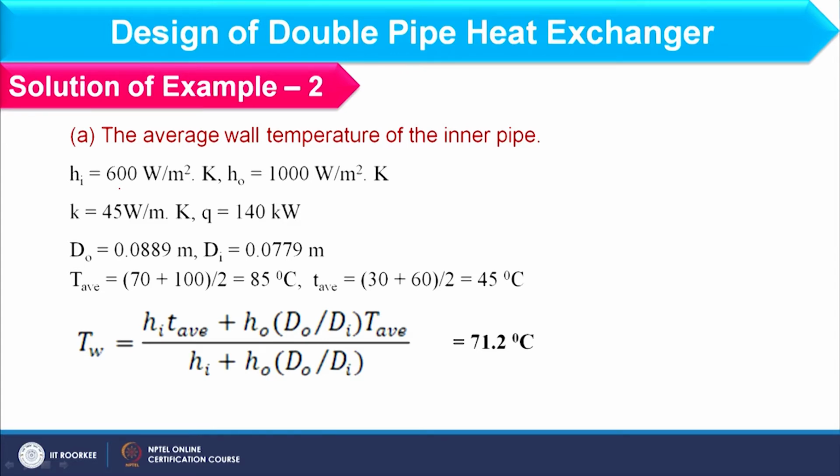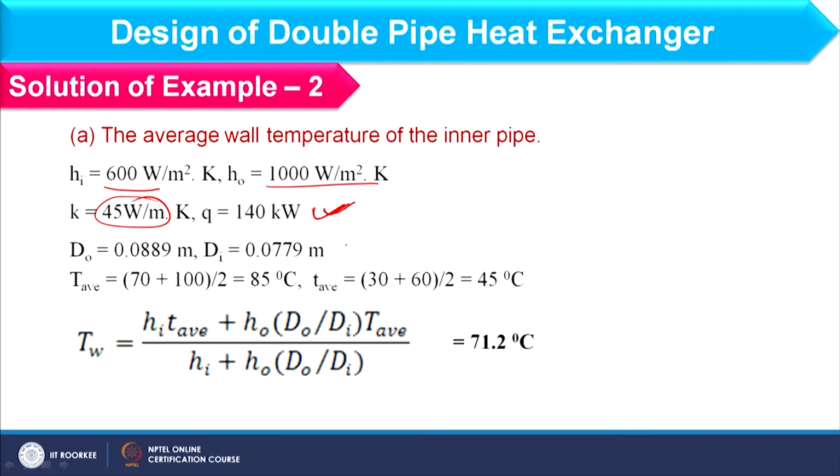In this problem all these values are given to you as HI is 600 watt per meter square Kelvin and HO is 1000 watt per meter square Kelvin. Thermal conductivity of the material is already given to you, and the total heat duty of the exchanger is known to you, that is 140 kilowatt.